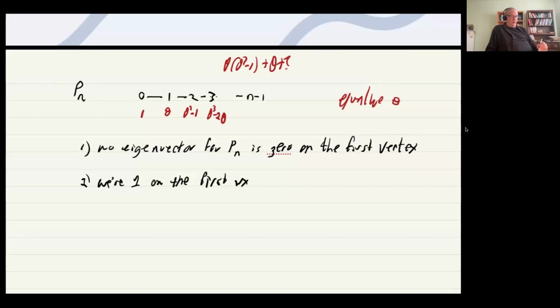Then theta times theta cubed minus 2 theta is equal to theta squared minus 1 plus the next entry, and this becomes theta to the fourth minus 3 theta squared plus 1.